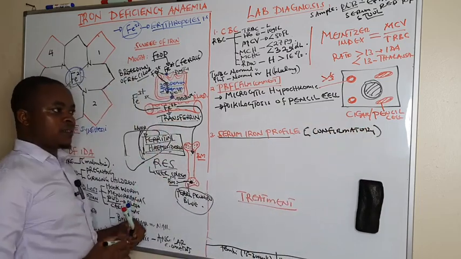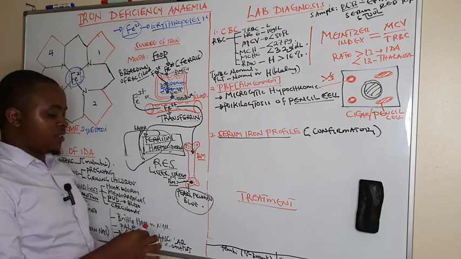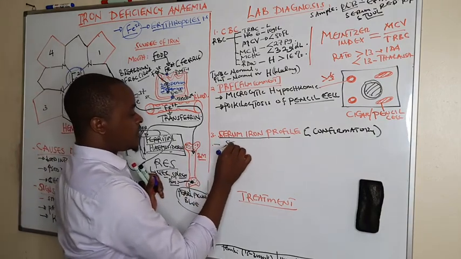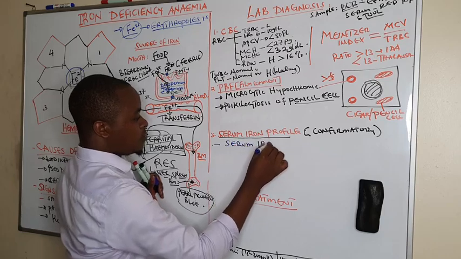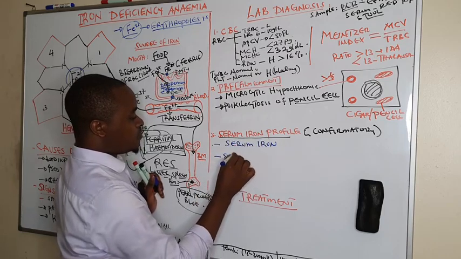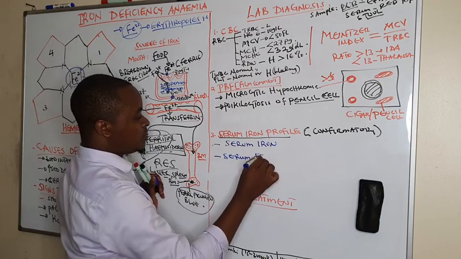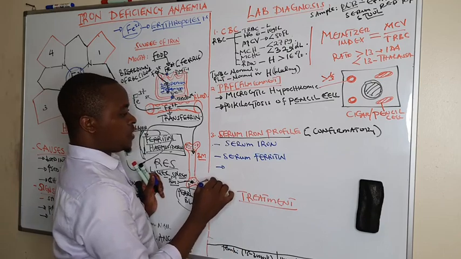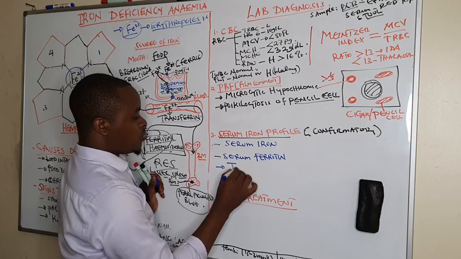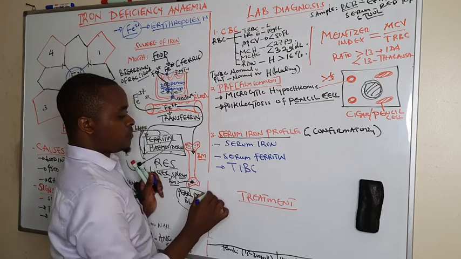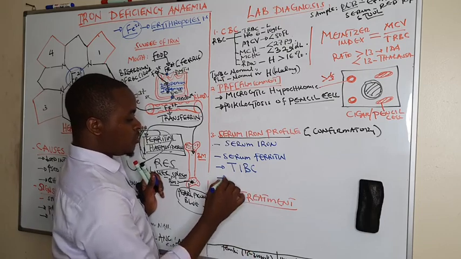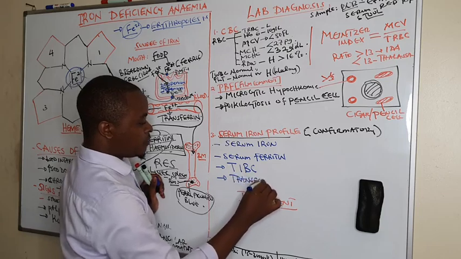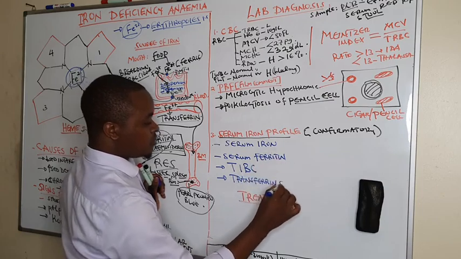This is the confirmatory test, whereby under serum iron profile, we are going to do key tests like serum iron, serum ferritin, a test known as total iron binding capacity, and we can even do serum transferrin saturation.